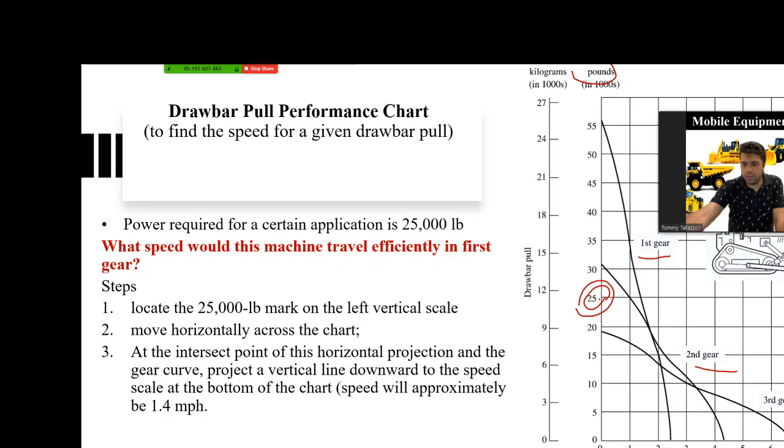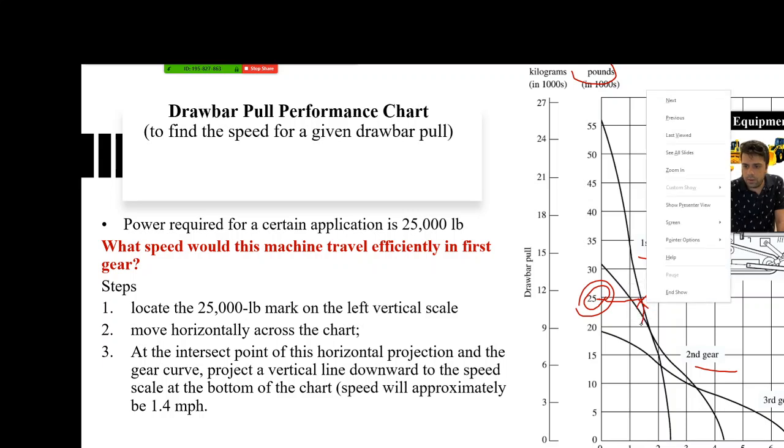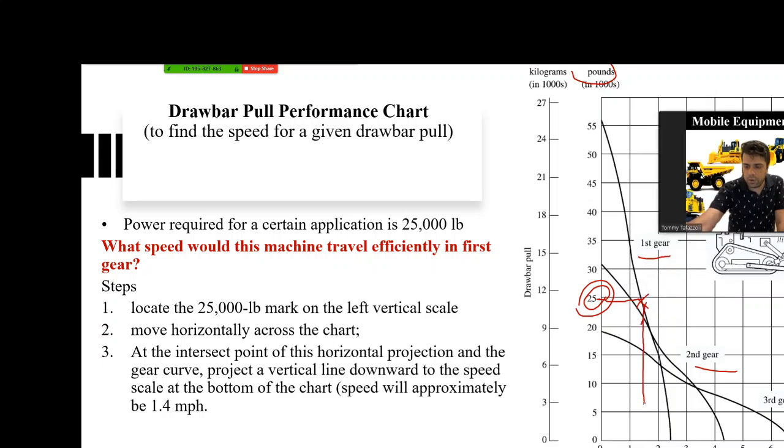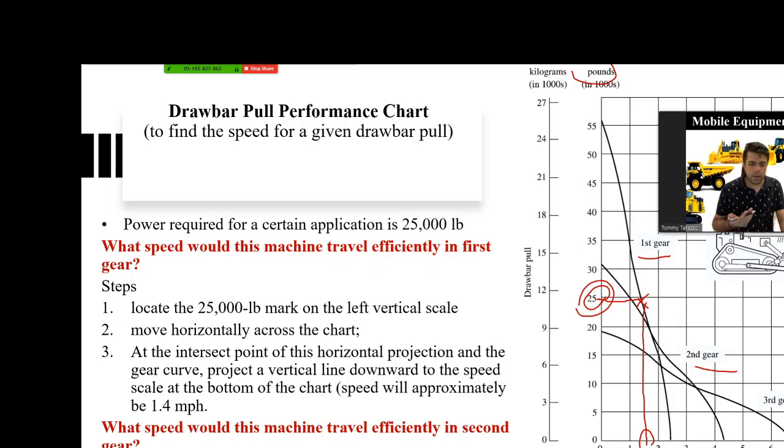If you're moving in first gear, 25,000 intersects with first gear here, and then you draw a vertical line until you intersect with the speed axis, whether it is miles per hour or kilometers per hour, and then you can find the corresponding speed. As you can see, it is very slow, less than 2 miles per hour, to be precise, 1.4 miles per hour.